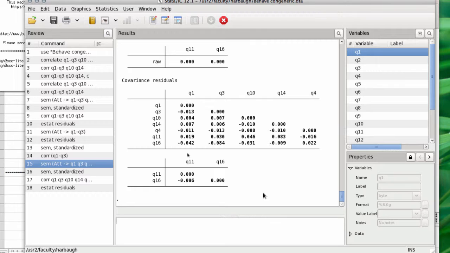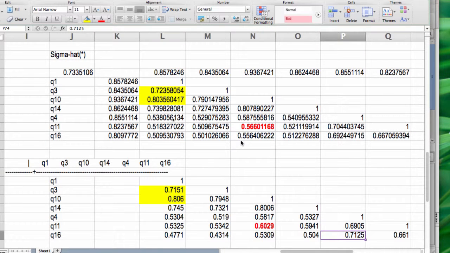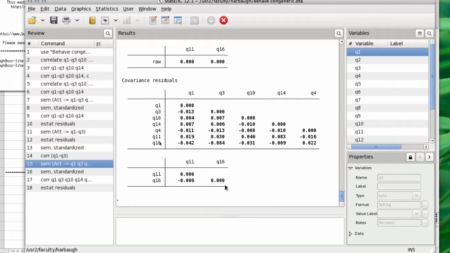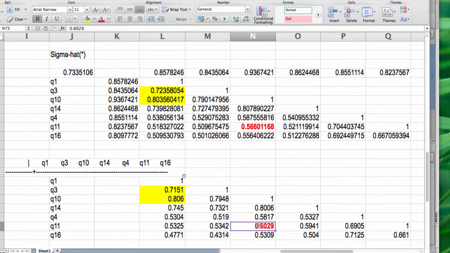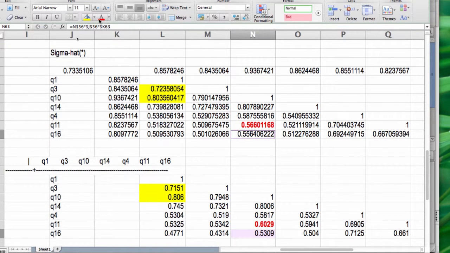Let's take a look at the correlation matrix. So those were the ones that were the farthest off in the estimation process. So 3 and, well, did I mark the right one? I don't think I did. 3 and 16. So how far was 3 and 16 off by? Well, 0.53 versus 0.56.